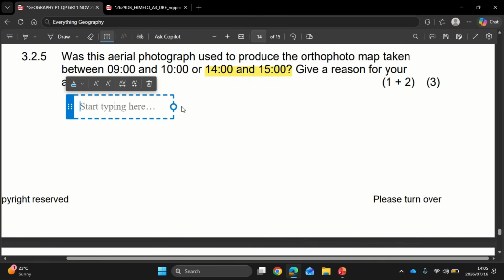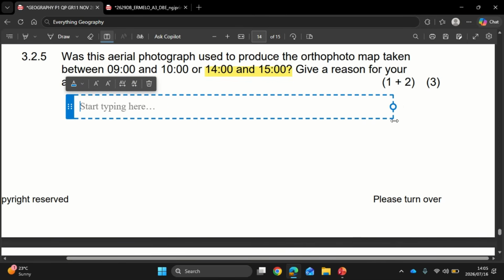Remember it's 3 marks, so I would write 14 hours and 15 hours, and the reason is that the shadows of the building lie towards the southeast.